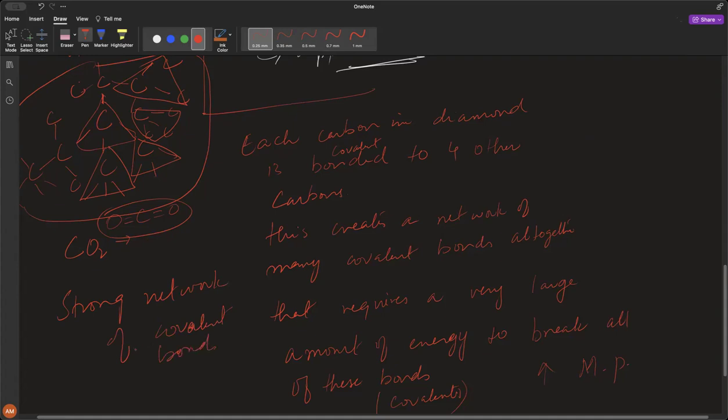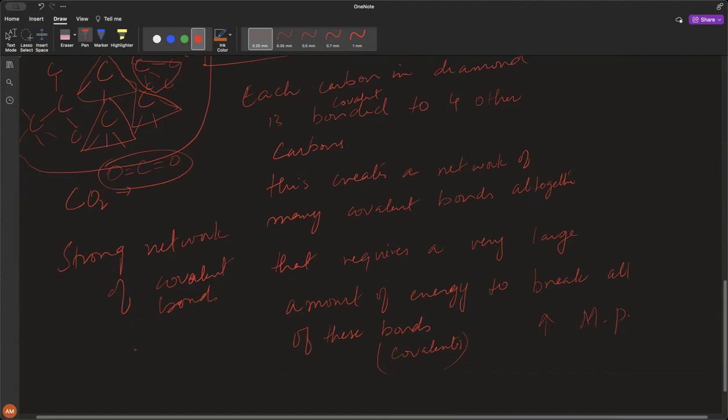You get it? Compare it to many other molecules that just have few covalent bonds and the molecule finishes within 20, 30, 40 covalent bonds. Imagine over here trillions and trillions of carbons and trillions of covalent bonds all together, interlinked, makes a very large amount of energy, and it becomes very strong because of all of that, right?